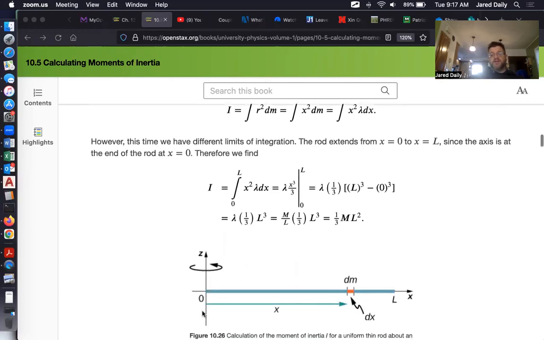We're now going to integrate from 0 to L, because we're going to put our 0 point wherever our rotational axis is. There's actually a problem in the homework where you do it somewhere along the length, and you have to put your 0 at that point and then integrate. So the only difference is where we start and where we end the integral. And it gives us a different answer, 1/3 ML squared, right?